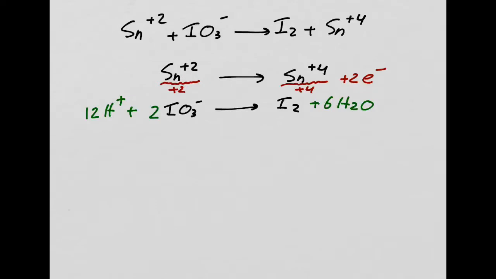Beautiful. Now, let's come down here. What's the charge on this side? I have 12 pluses and 2 minuses. 12 minus 2, I have 10, a charge of 10 on this side.